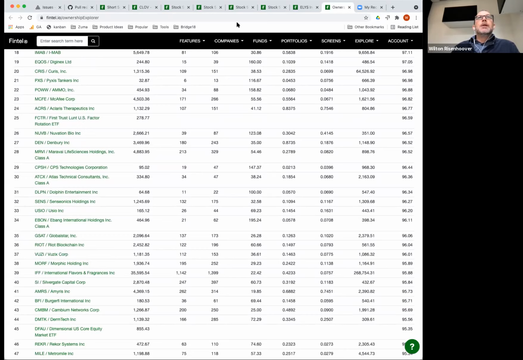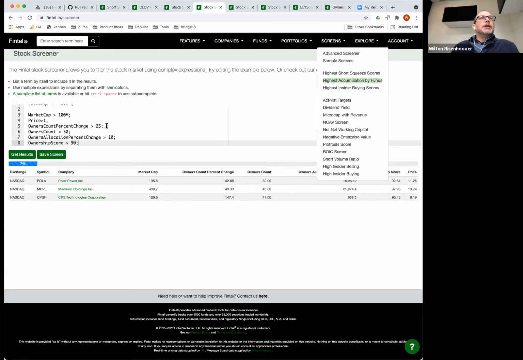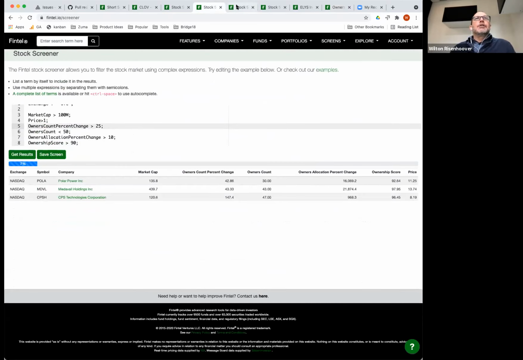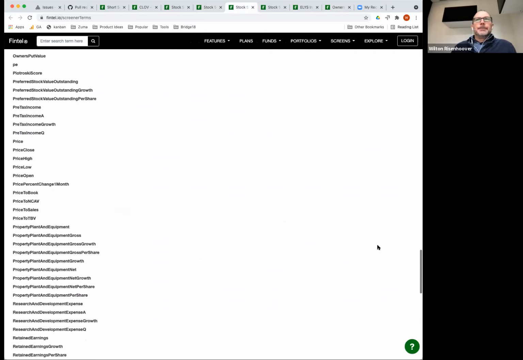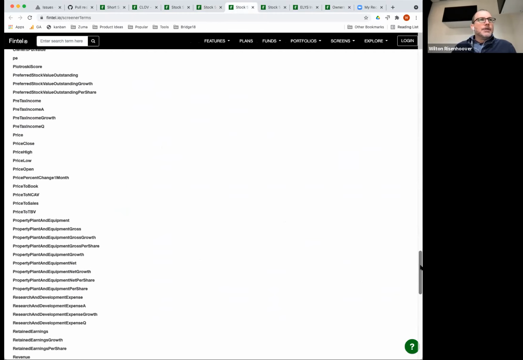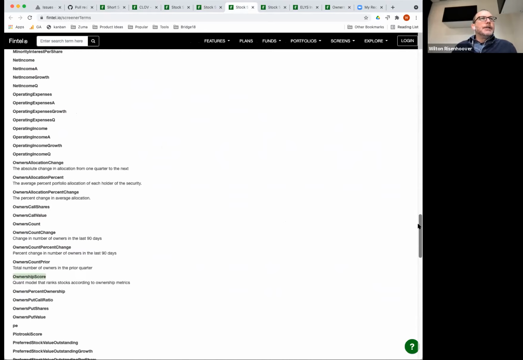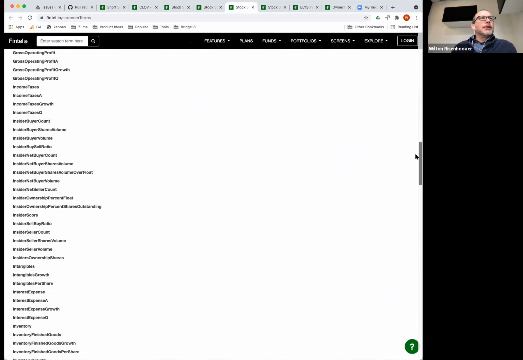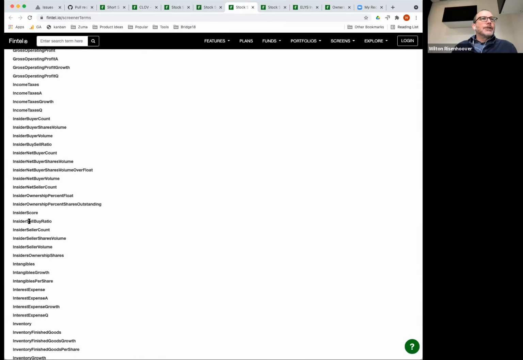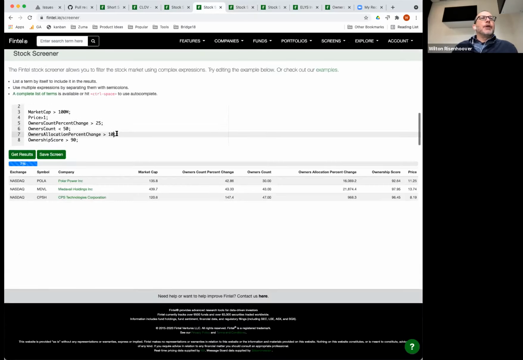So let's go back to the stock screener. If you like insider trading, you can take a look at companies that have insiders sell buy count, insiders buy sell count. Where'd it go? Insider net buyer count. Okay, so this is an interesting one. I want to find all the companies where there's a whole bunch of insiders buying.